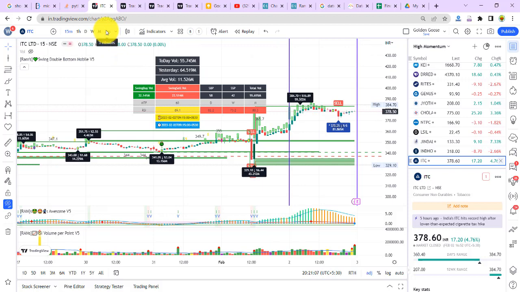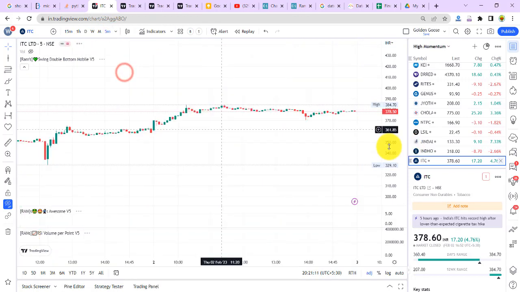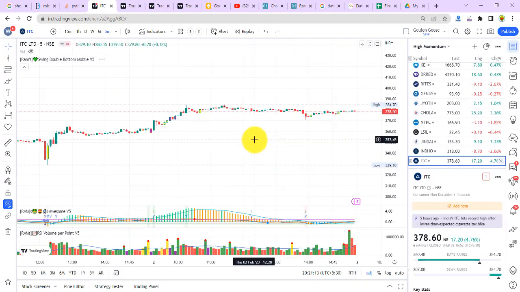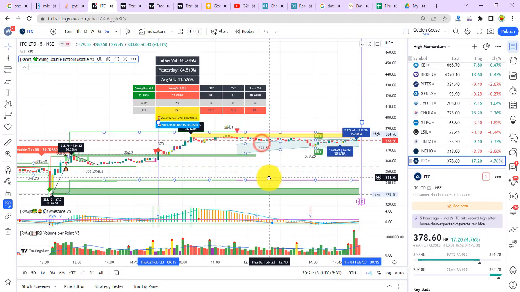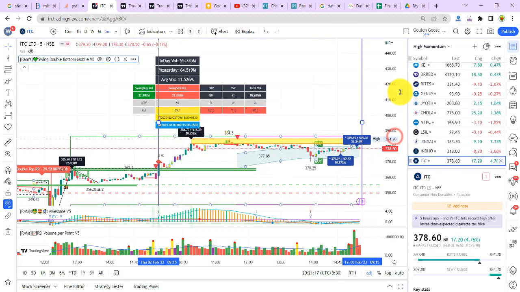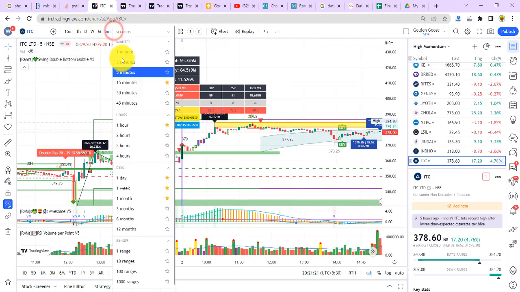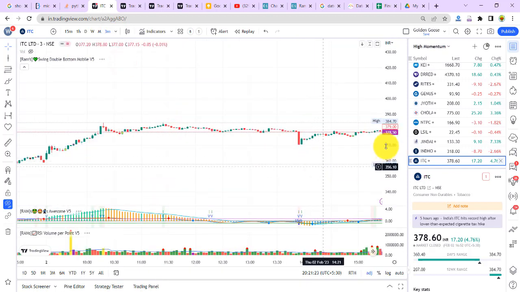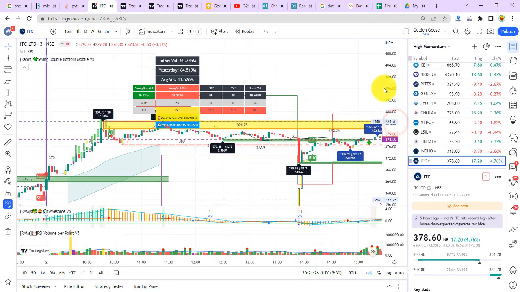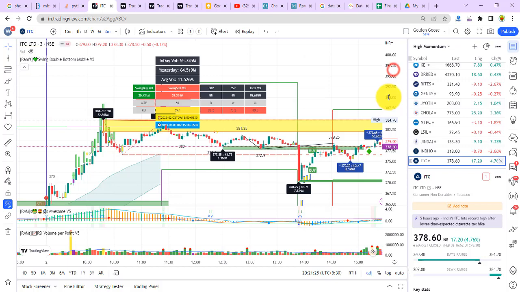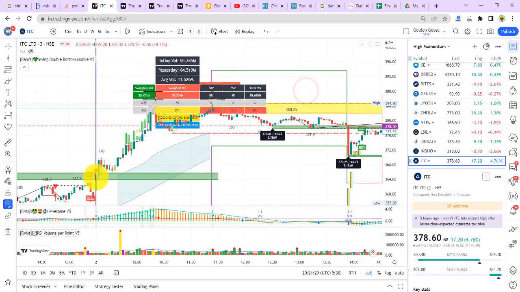Now let's move to 5 minutes time frame. I won't prefer this because we are not getting proper signals here, but instead we can move to 3 minutes time frame. See, this is the starting point.